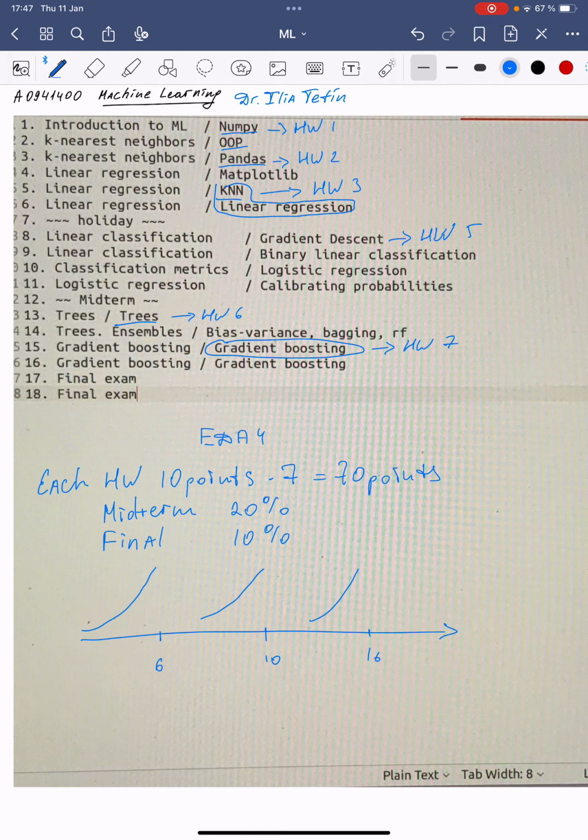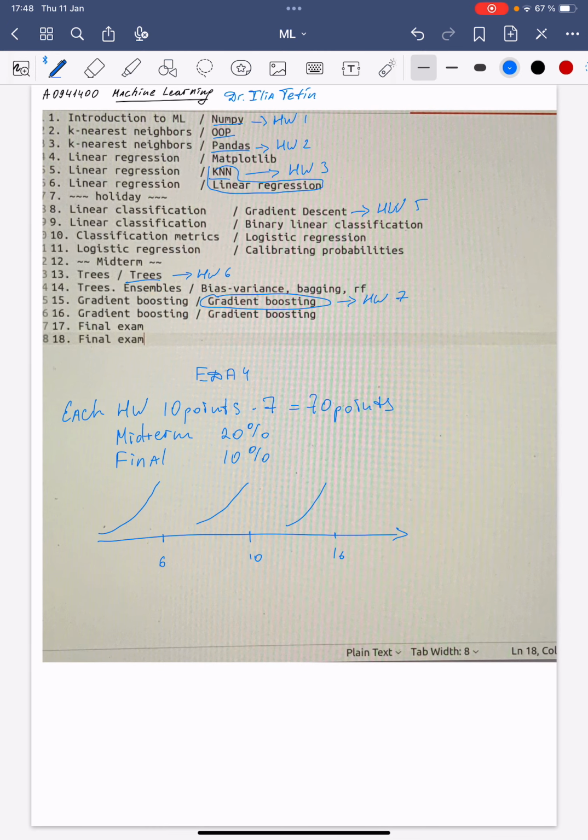The main algorithms that we are going to explore: k-nearest neighbors, linear regression, linear classification algorithms like naive Bayes, discriminant analysis, logistic regression, of course, and SVM, support vector machines. The second part of our semester after the midterm will cover mainly trees, random forests, and gradient boosting algorithms. So these are the topics that we are going to cover.